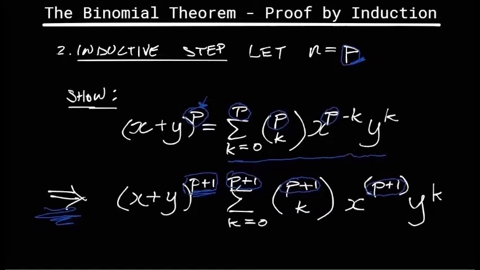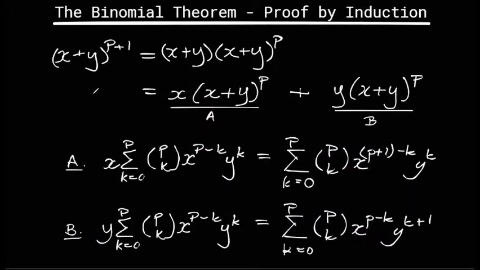The next part of this step is to expand all of this material algebraically. Suppose we wanted to generate the p plus 1th power of this binomial x plus y.